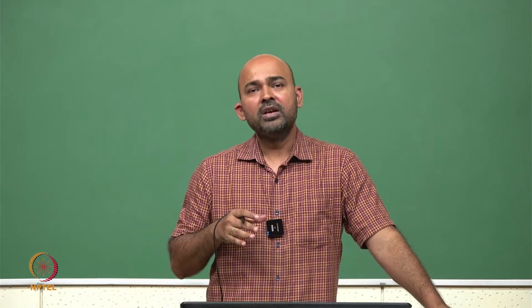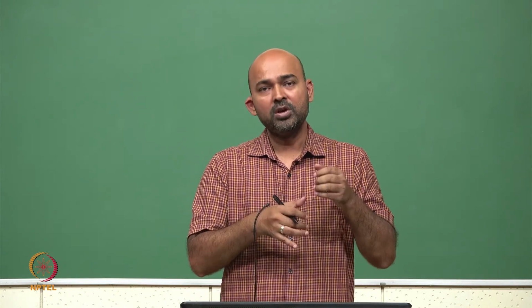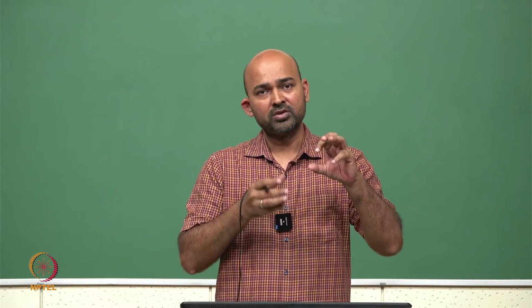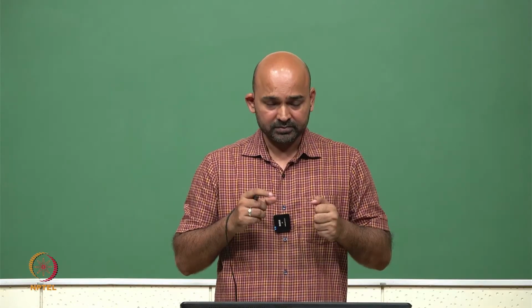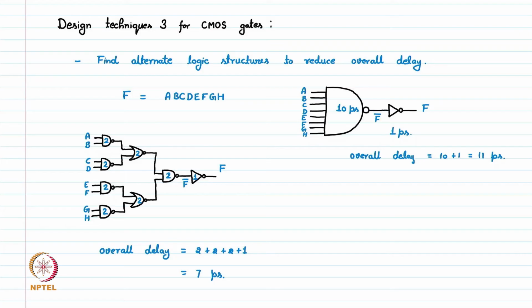So till now we were discussing static CMOS gates, where the pull up network and pull down network are dual of each other. When the pull up network is on, the pull down is off, and vice versa, and the output node is always connected to supply or ground.